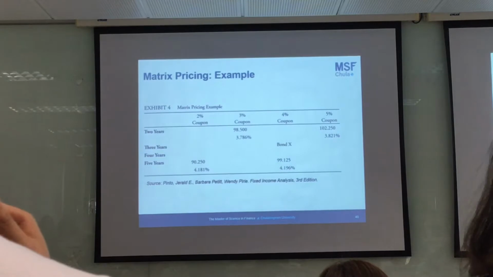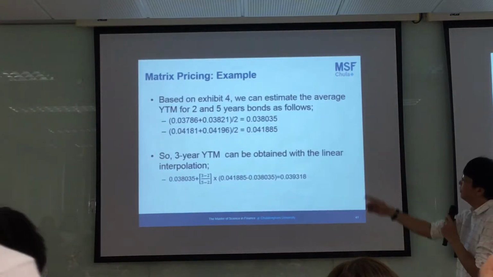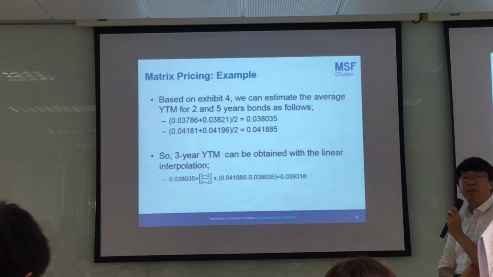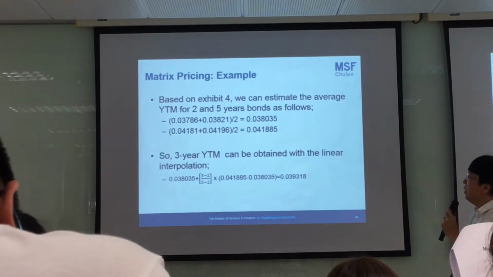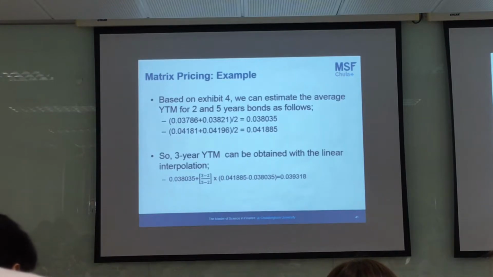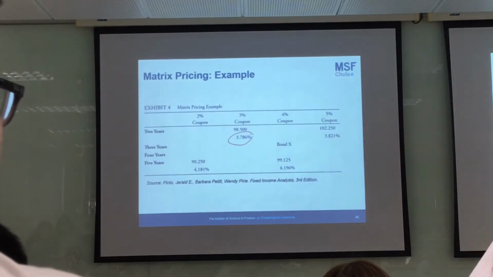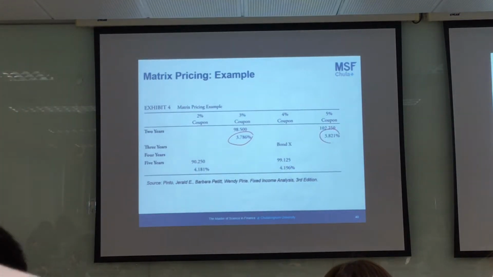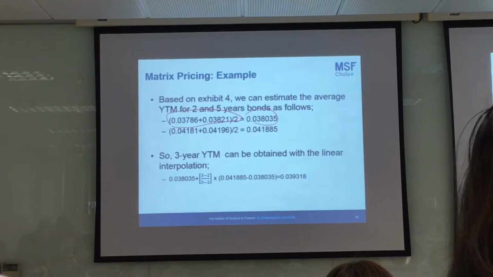Very simple. You just take the average. The first one, we take the average of the 2-year bonds that have different coupon rates. The first one has a yield of 3.786% and the other has a yield of 3.821%. So we take the simple average to get the representative yield for the 2-year bond.